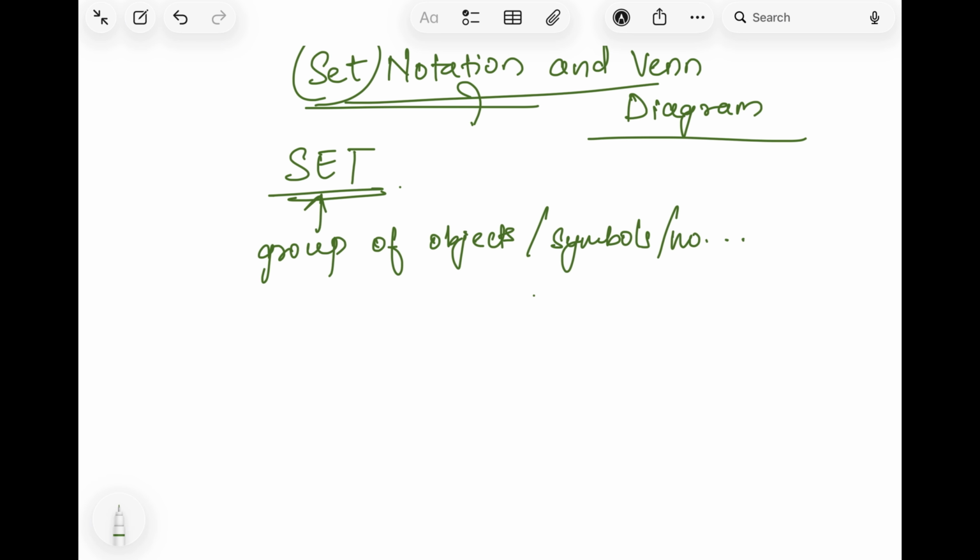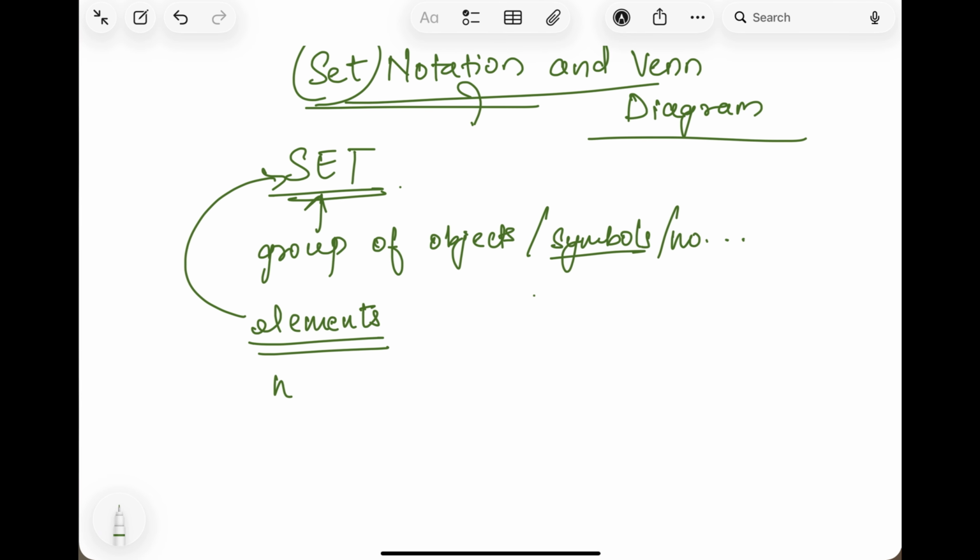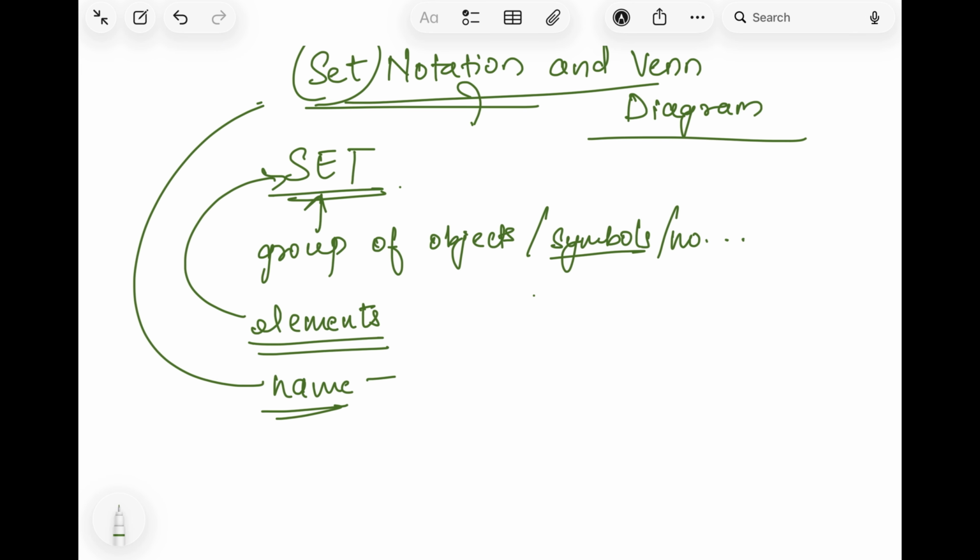Okay, and whatever is present in the set, all those numbers or objects or symbols are called the elements of the given set. And when a set is denoted by a name, as a person has a name, right? Everyone has a name. Similarly, when a set is also given a name, that becomes a set notation. So that name can be any alphabet, A, B, C till Z. Any name can be given to a set.